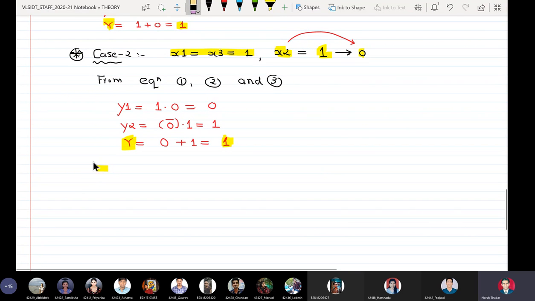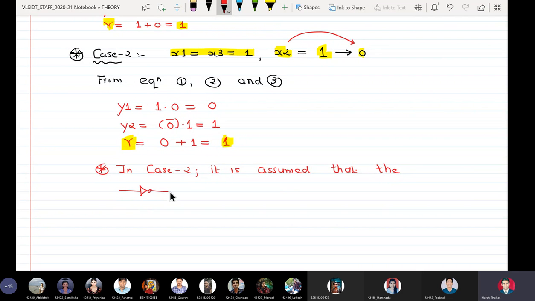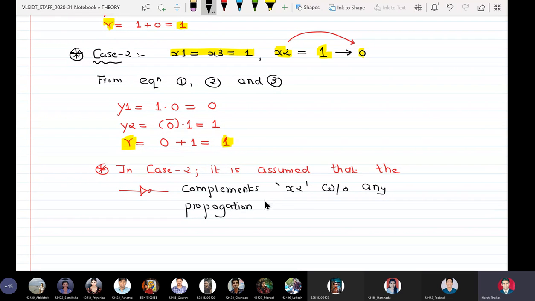Here in case 2, it is assumed that the NOT gate complements x2 without any propagation delay.